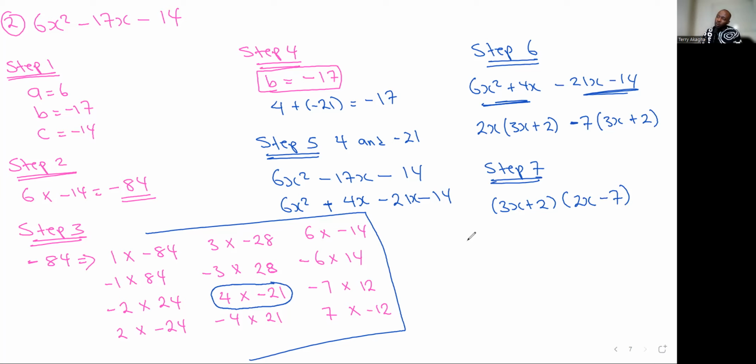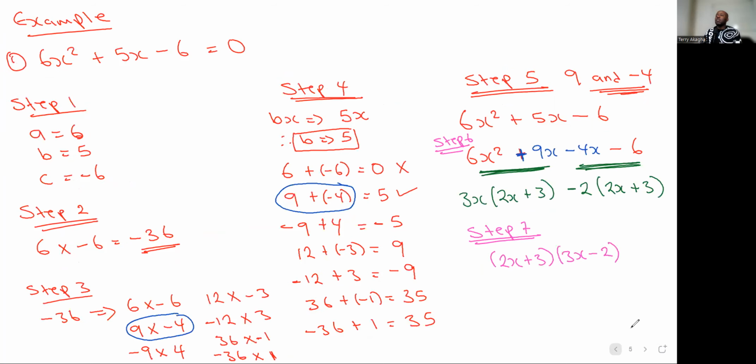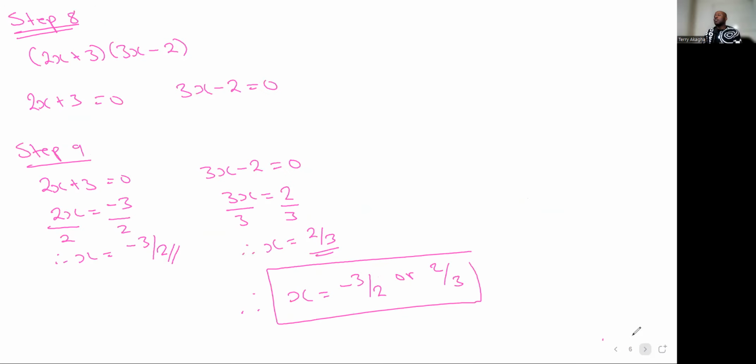But if you are told to solve, then you have to add step 8 and step 9, all right? So step 8, you have to equate each of the brackets to 0. So you have 3x plus 2 equals 0, and you have 2x minus 7 is equal to 0. Then step 9, you have to simplify and find the value of x.